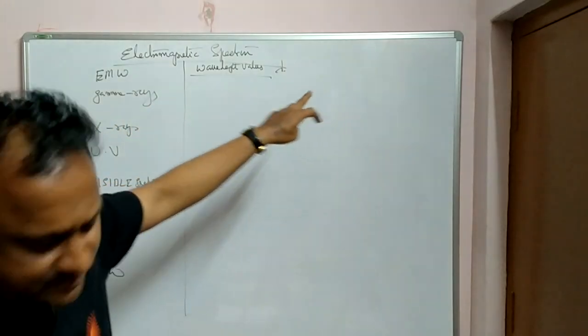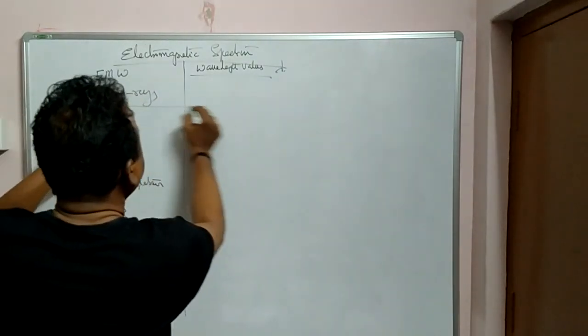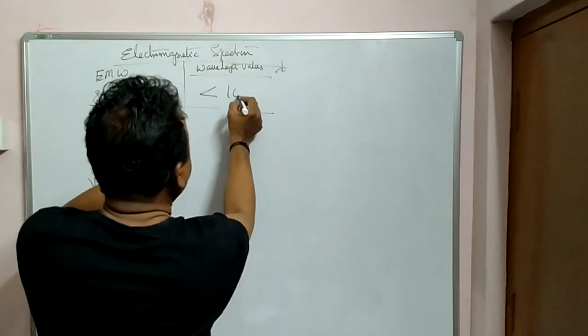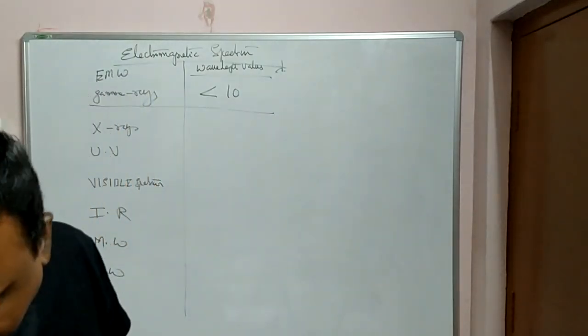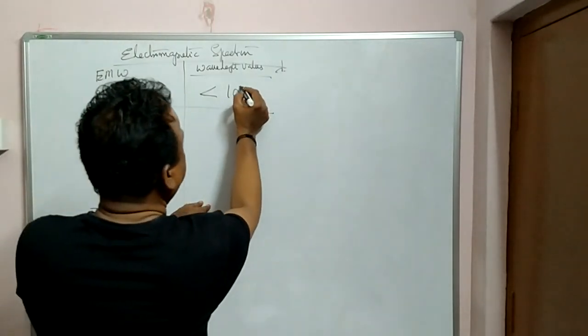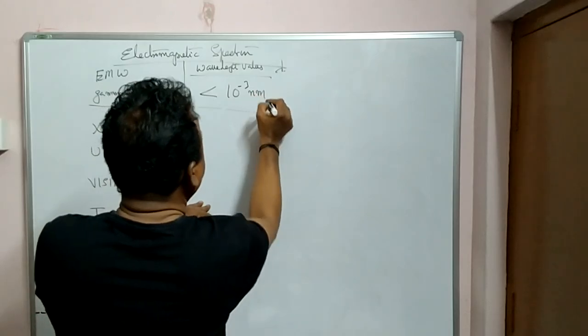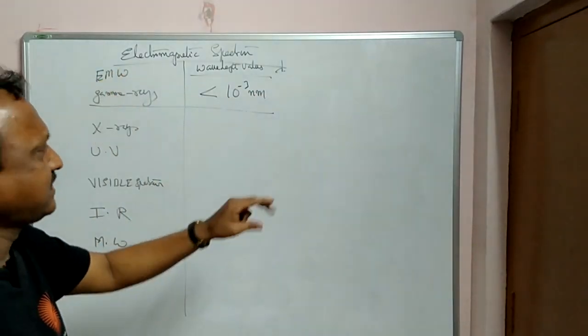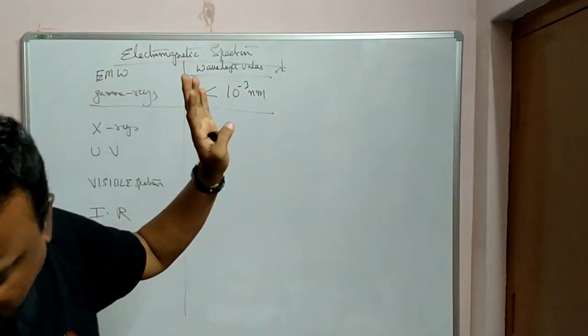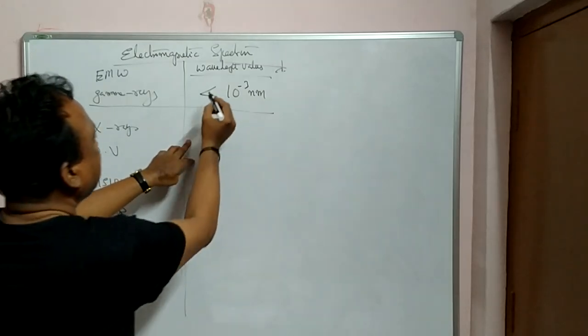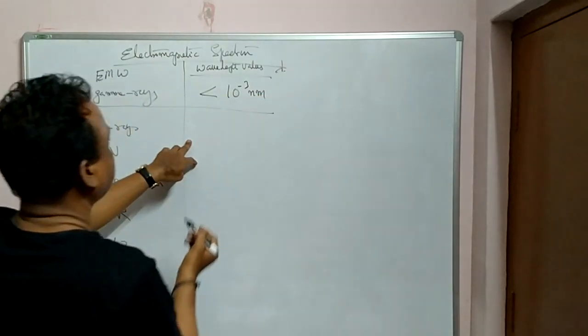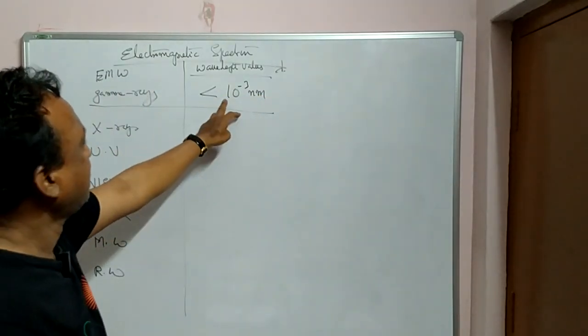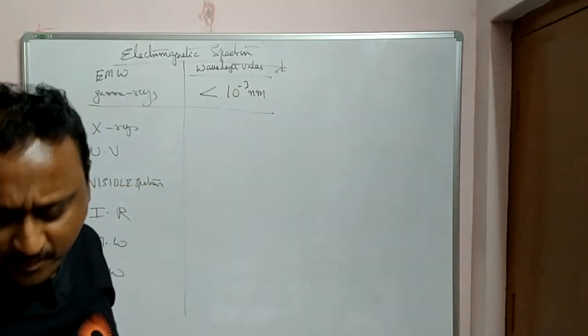You can see it is less than 10 to the power of minus 3 nanometers. Please remember these values. Gamma rays are 10 to the power of minus 3 nanometers.